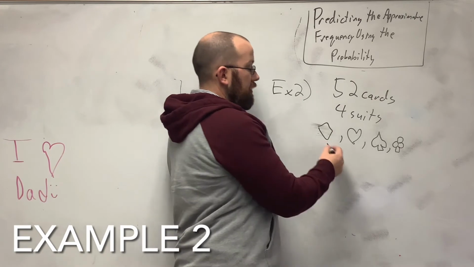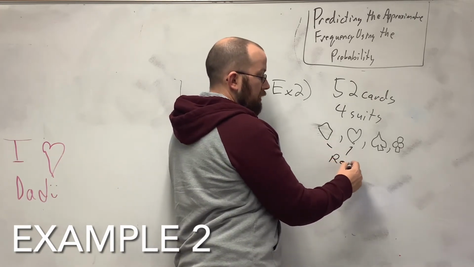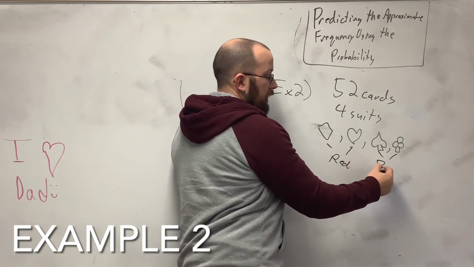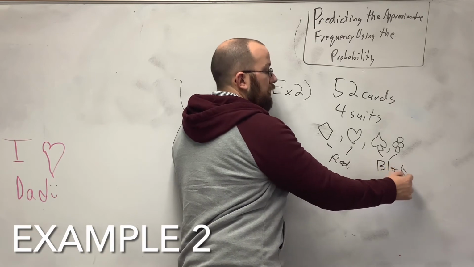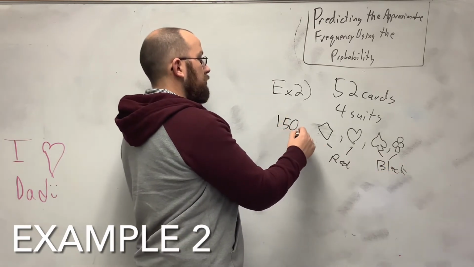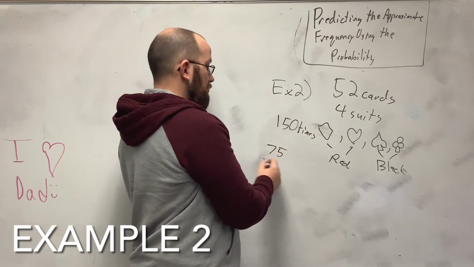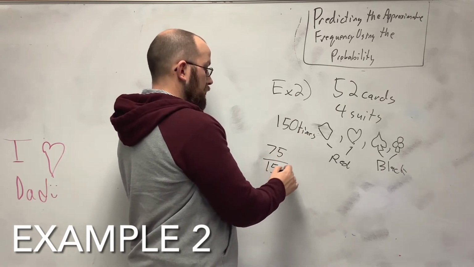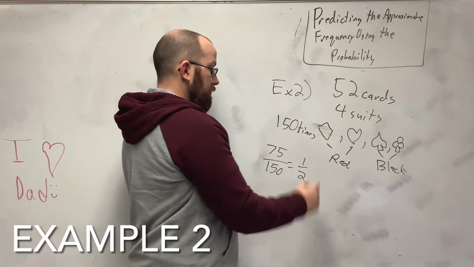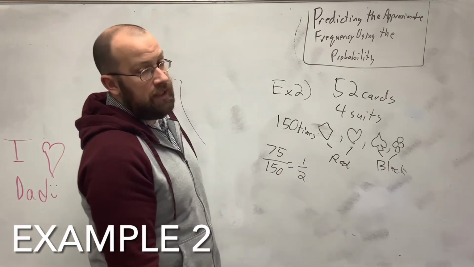And of these, I have red and black. If I'm drawing 150 times, 75 times is 1/2. So what am I going to draw 1/2 of the time here?